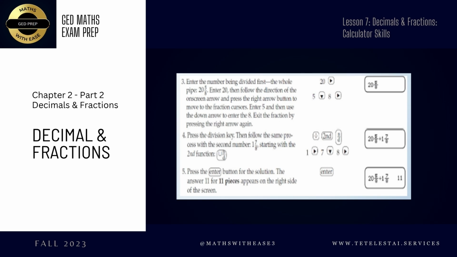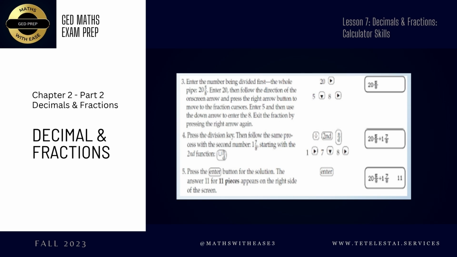press the second function key again, and then the fraction key to access the mixed fraction operation. And then you would see again your cursor blinking next to the whole number portion of your formula entry. You would enter 1, which is the next value for our second mixed fraction.